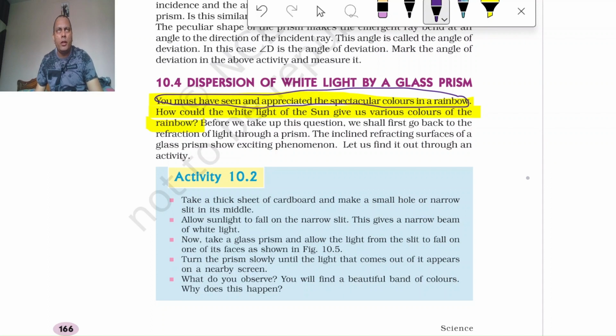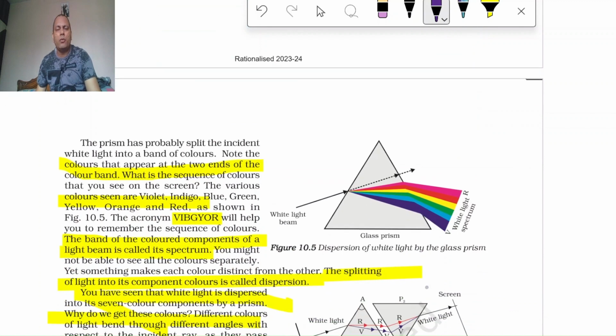In normal weather you can't see a rainbow; it appears after the rain. How does the rainbow happen? Let's first go through dispersion via a glass prism, and after that we will discuss the rainbow.